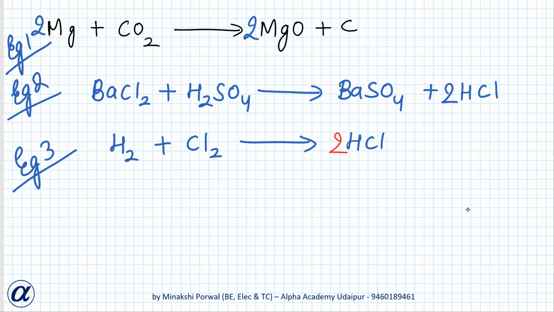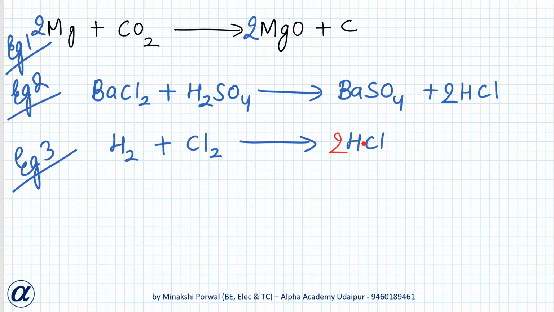You can observe here the easy examples which I have given. Here, oxygen was only in one compound. Here also oxygen in one compound. Magnesium in one compound, magnesium here also in one compound. Carbon in one, carbon in one. Similarly, if every element is present in only one compound, then balancing is easy. Barium is present at one place only. Calcium is present at one place. Hydrogen at one place. Sulfur and oxygen also the same.